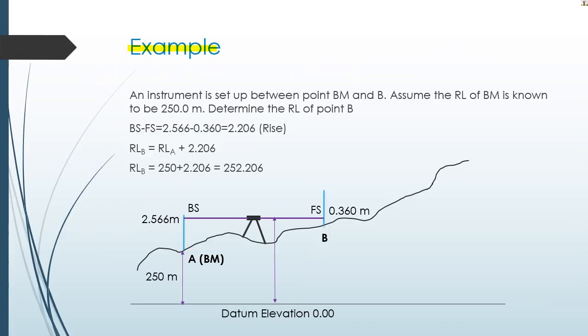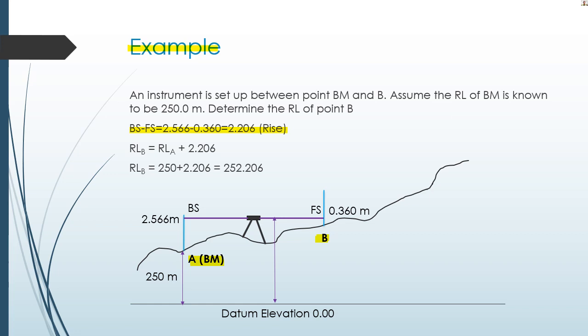Next, we have an example to calculate the reduced level of point B, which is unknown, from point A, which is known as it is a benchmark. You can use the rise and fall method, and then you can compare to the height of instrument method. If you use the rise and fall method, the first step is to calculate the rise or fall.